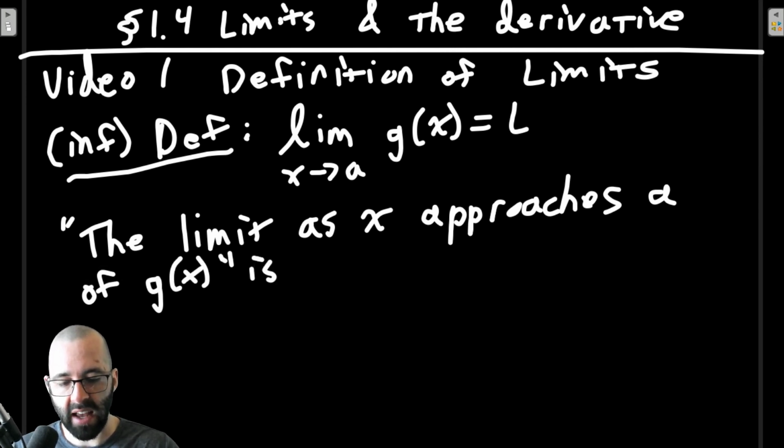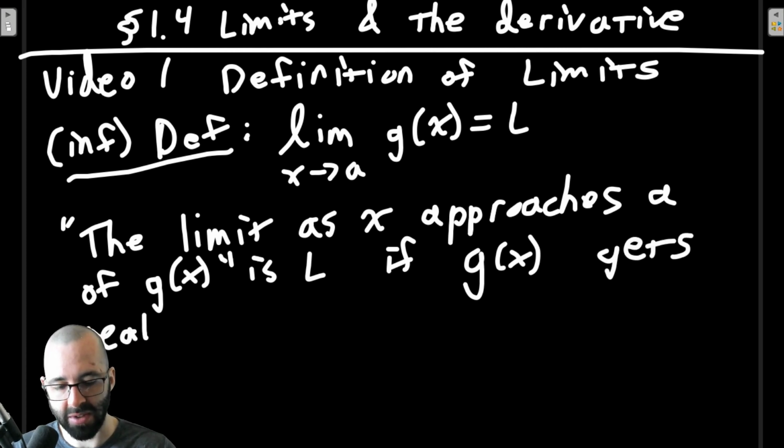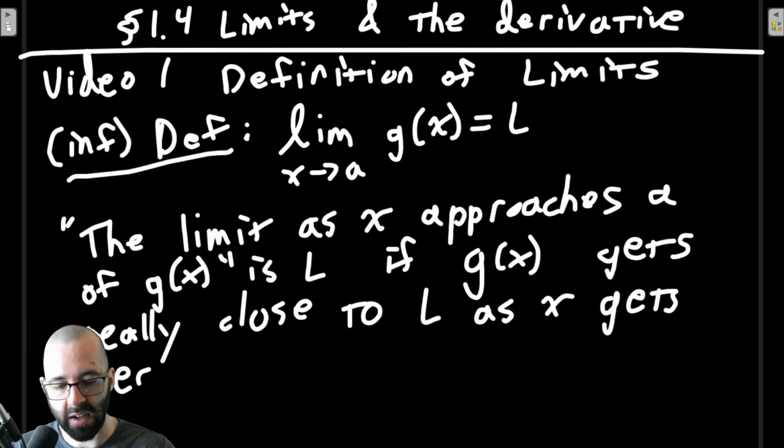And we say that this is L if g of x, the function value, the y value, gets really close, and this is where it's not really precise, it's really close to this limit value L, as x gets really close to a.